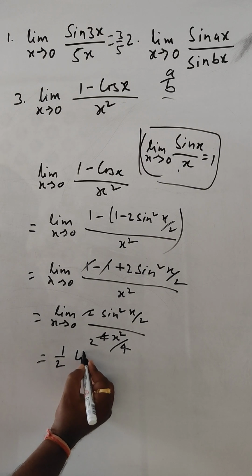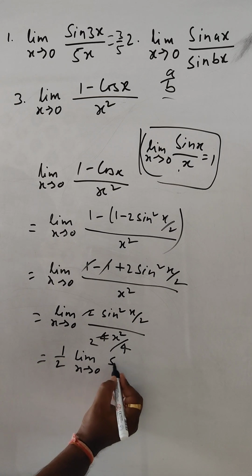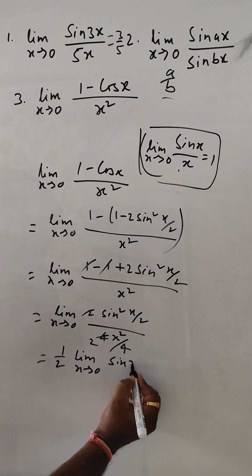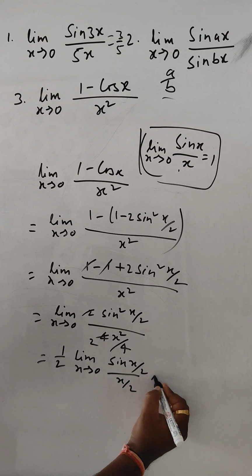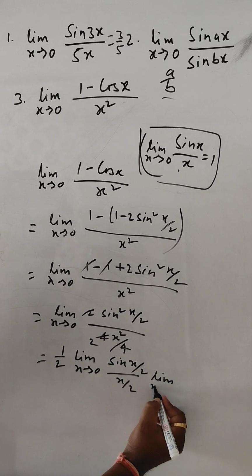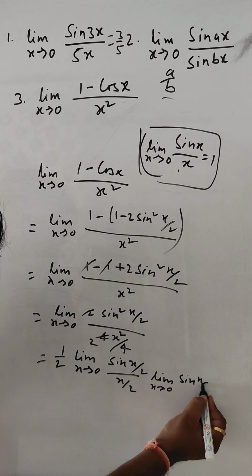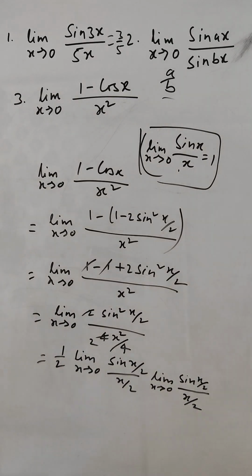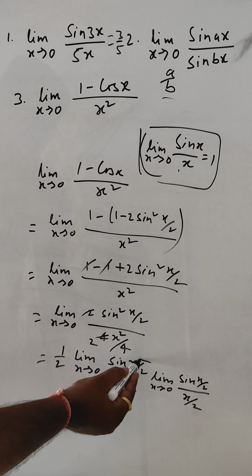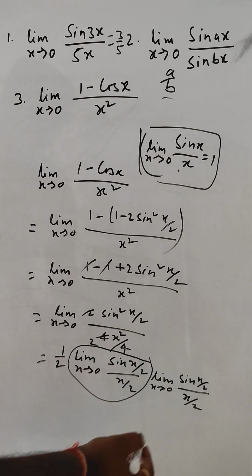Right, now limit x tends to 0, here sine x by 2 by x by 2. Also we can write limit x tends to 0, sine x by 2, and here x by 2. Okay, so this much will be 1 and this much will be 1.